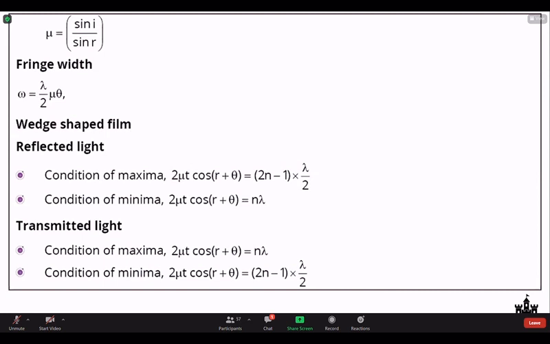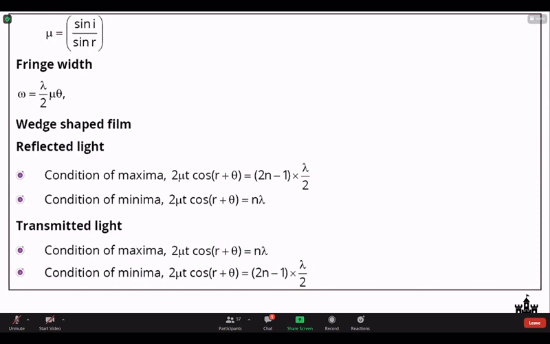Then for the wedge-shaped film, you have similar conditions. Instead of cosine r, you have cosine (r plus theta). This is the condition for maxima of a wedge-shaped film making an angle theta, where t is the thickness of the film. So 2 mu t cosine (r plus theta) equals (2n plus or minus 1) lambda by 2.